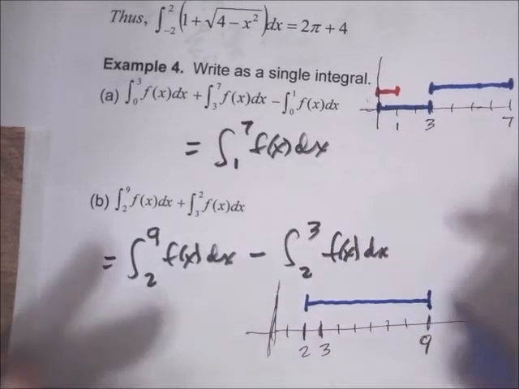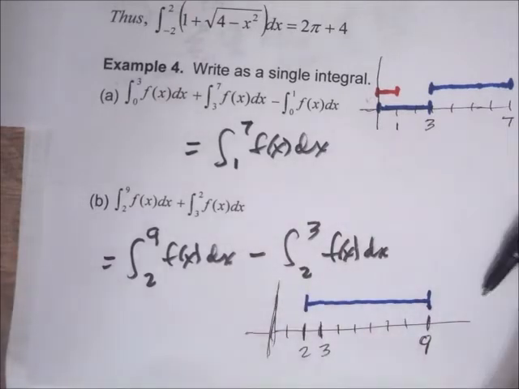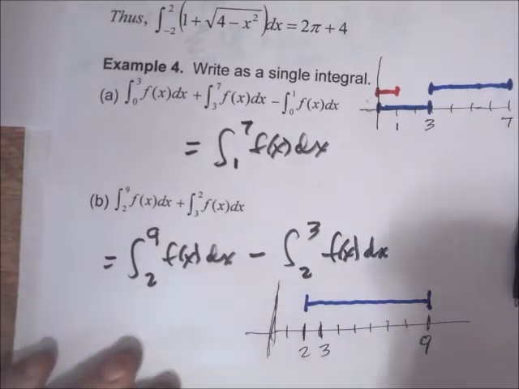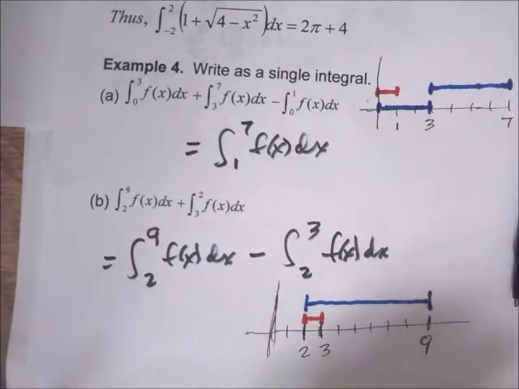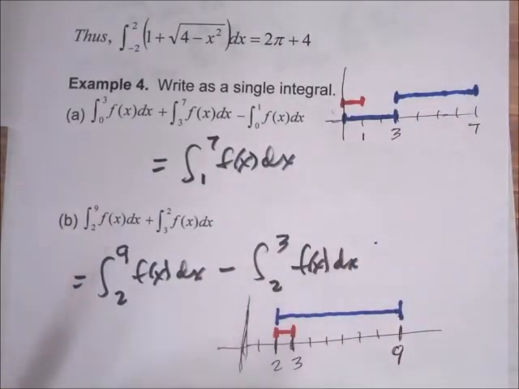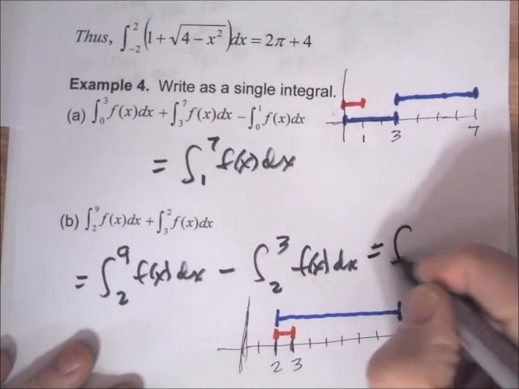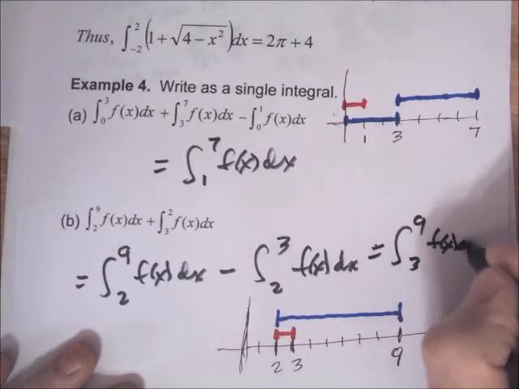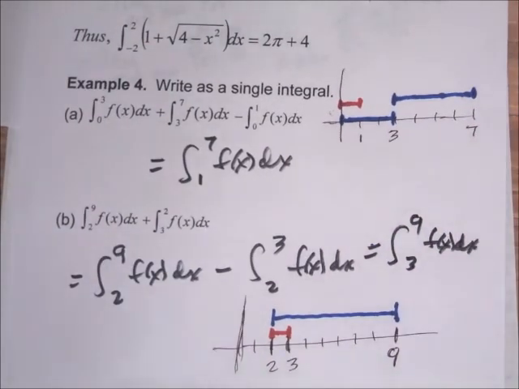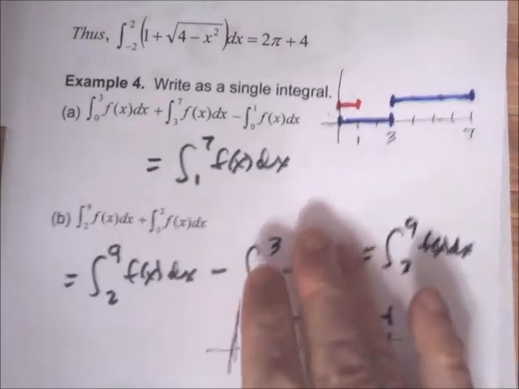And in red, what we're subtracting off is the integral from 2 to 3. And so the net result is going to be the integral from 3 to 9 of f of x dx. Okay.